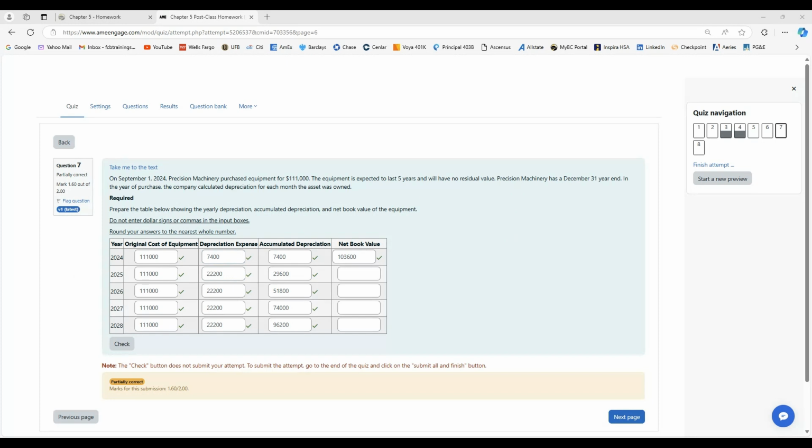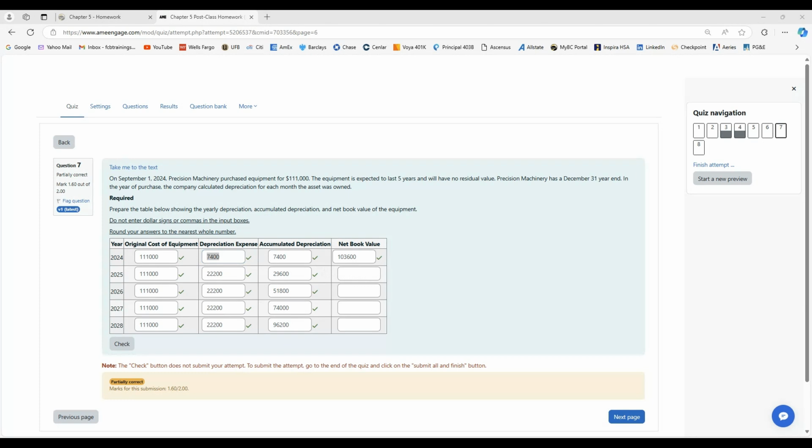So if you want to divide 22,200 by 3, that gets us 7,400. Or alternatively, you could take the full year, divide by 12 to get per month, and then multiply that number by the number of months that you had it, which is 4. So 22,200 divided by 12 is 1,850 times 4 gets us to 7,400.